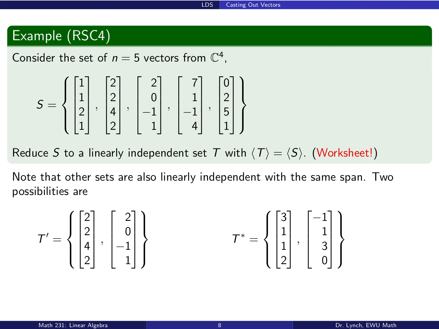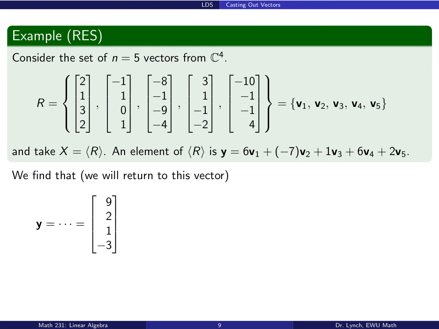Okay. Now, a little bit more on this set. Sorry, this is a new example, but let's go ahead and look at the set R of 5 vectors from C4. Again, this set is linearly dependent.